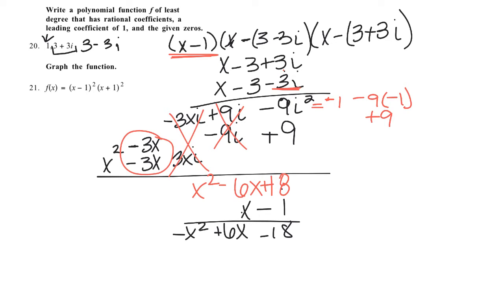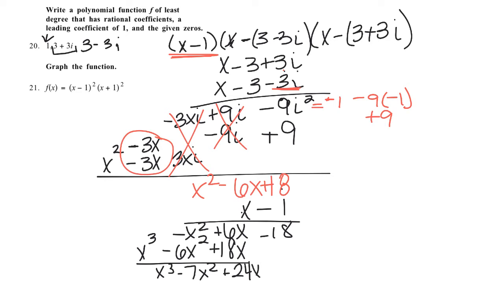And then x times 18, 18x, x times negative 6x, negative 6x squared, and then x times x squared is x cubed, for a final answer of x cubed minus 7x squared plus 24x minus 18. And that is your final answer.